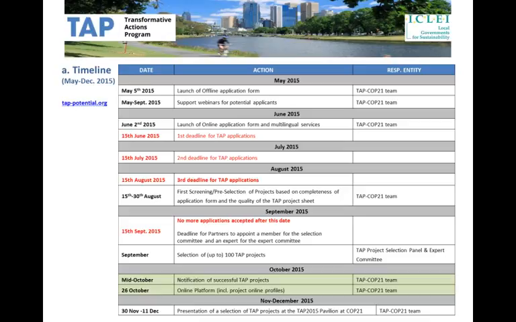Then mid-October at the latest, applicants will be notified whether or not they have been successful. And then towards the end of October, the online platform will be activated in preparation for the COP. And so finally, up to 100 projects will be presented in the pavilion during COP21.